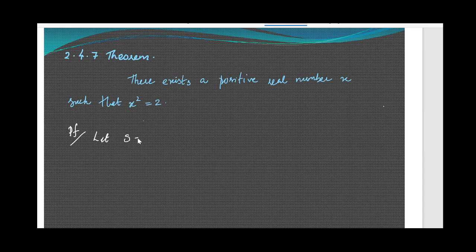Let S equal to the set of all S belongs to R such that 0 less than or equal to S and S square equal to 2. So this is our set.